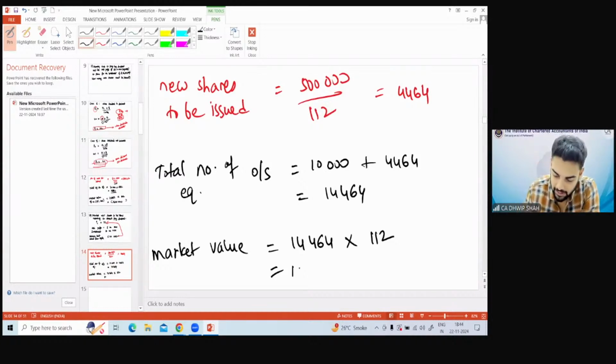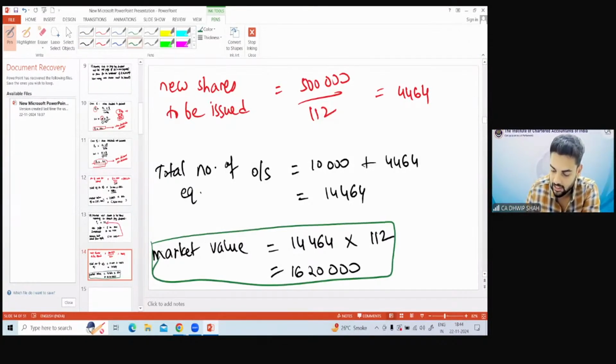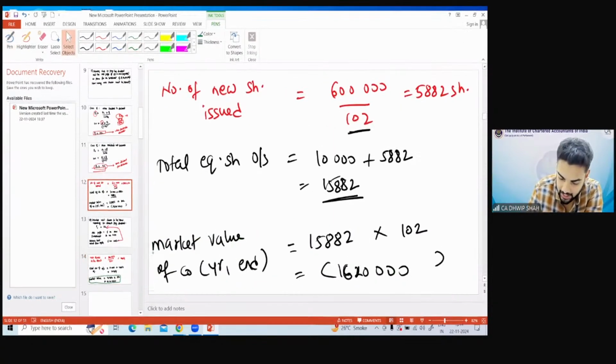Again somewhere between 620. Yes or no? 16,19968. 1620. So can you see the market value of the firm, whether dividend is not declared or whether dividend is declared, it remains the same.